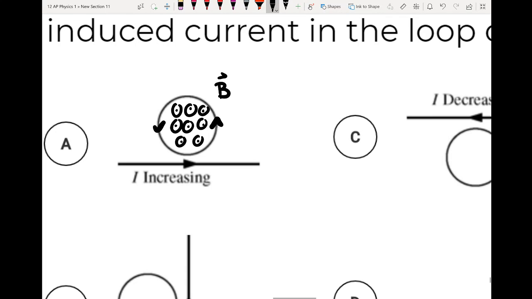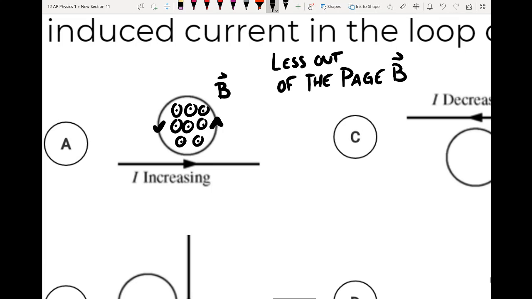So what I'm really looking for is a situation where my magnetic field is getting less out of the page, because we know that this current is going to be induced in such a way to oppose that natural change.